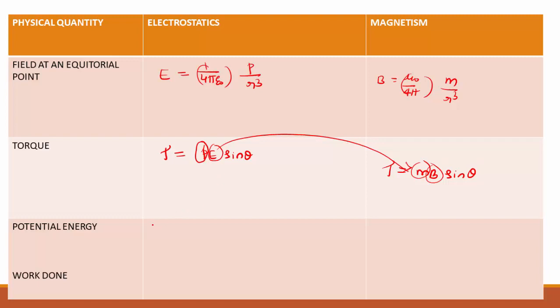And potential energy due to an electric dipole, we know the equation. Potential energy is mathematically denoted by the symbol U. U is equal to minus pE cos theta.